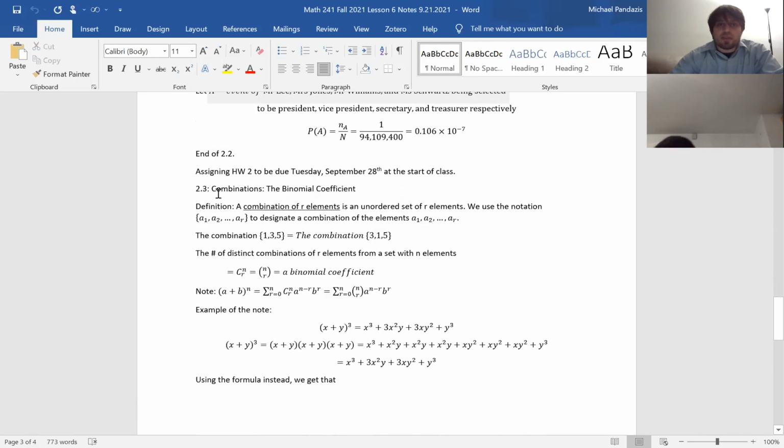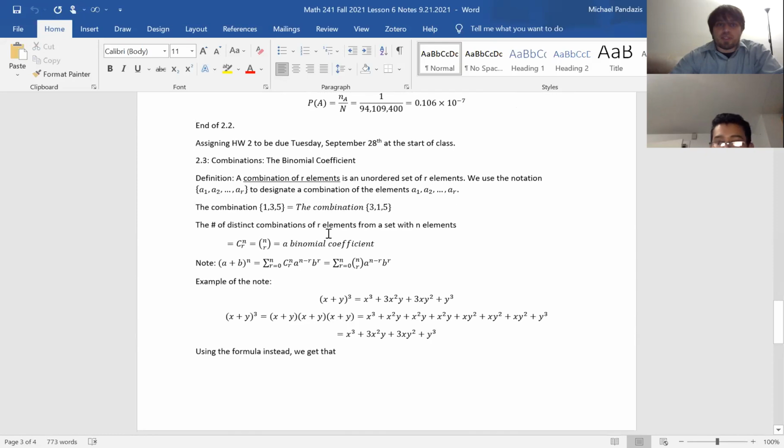Then 2.3 was on combinations and the binomial coefficient. I talked about the definition of a combination. It's just an unordered set of r elements. That's what a combination of r elements is.